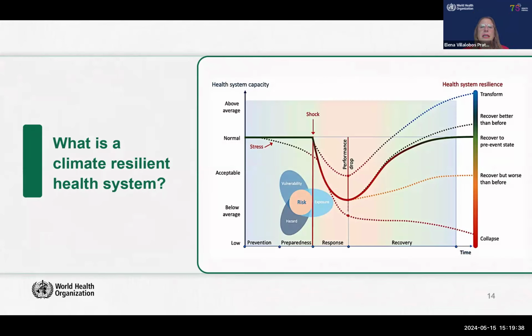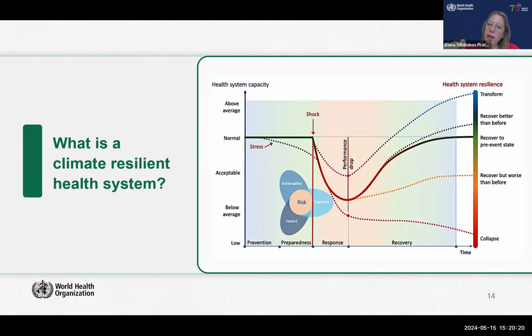As you can see here, health systems are already operating. They already have specific capacities, but they are exposed to climate change and health. Again, it can be specific stresses or shocks, sudden disruptions, potential disruptions to their operations. What you can see in the middle of this diagram is what we presented before, the risk component that is composed of vulnerability factors, exposure pathways, and the specific hazards that countries will be exposed to.